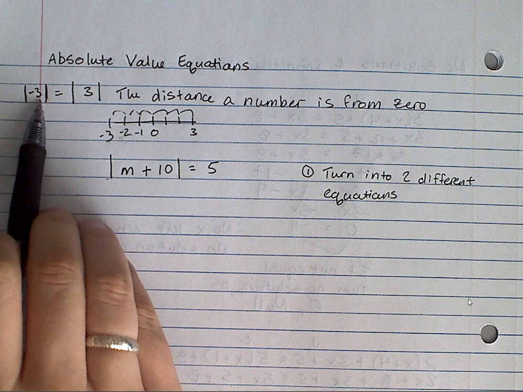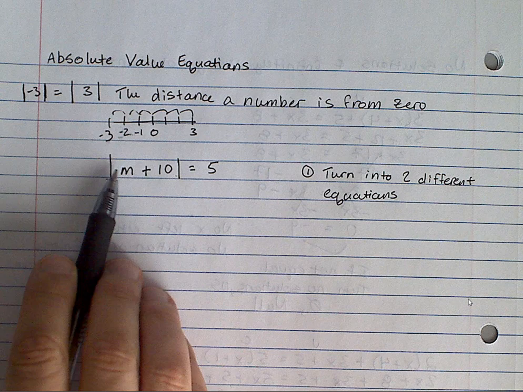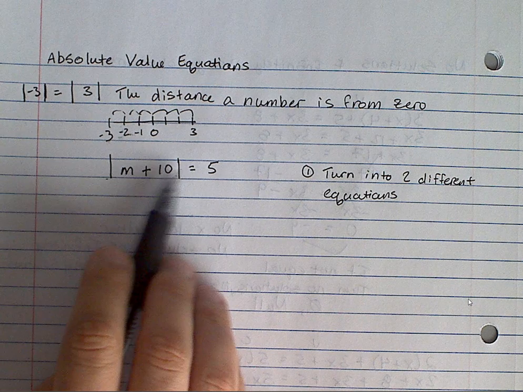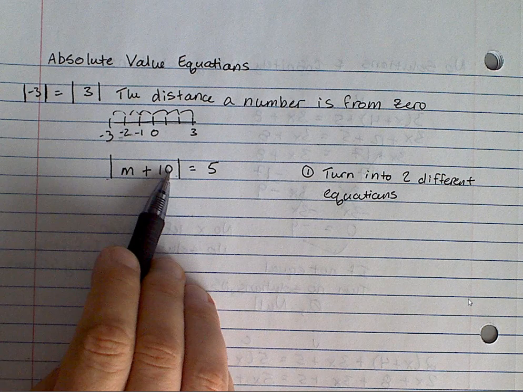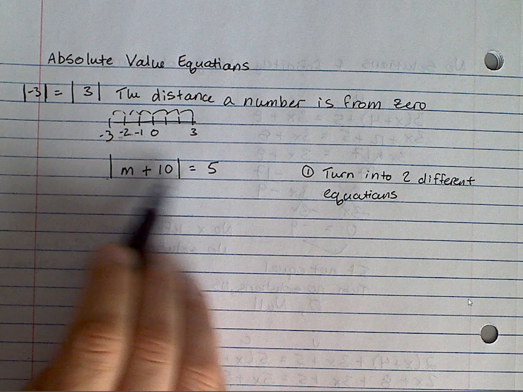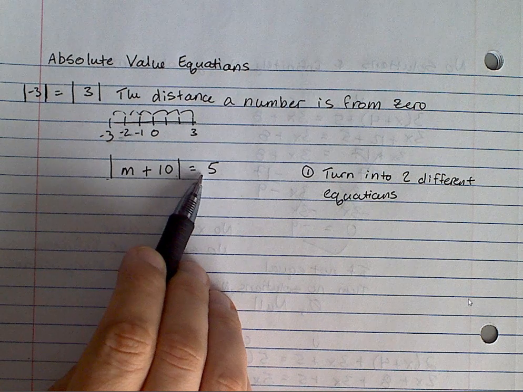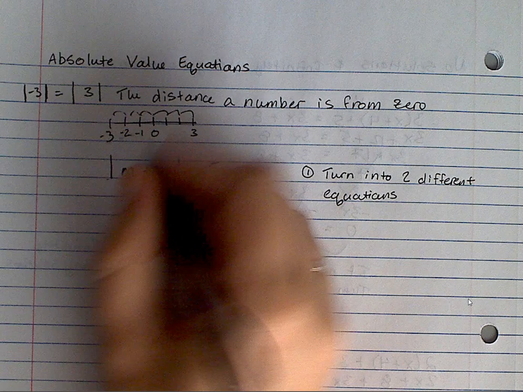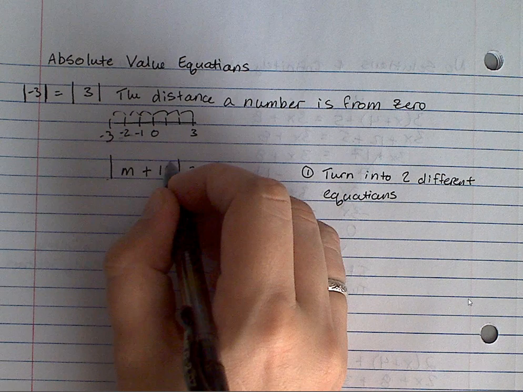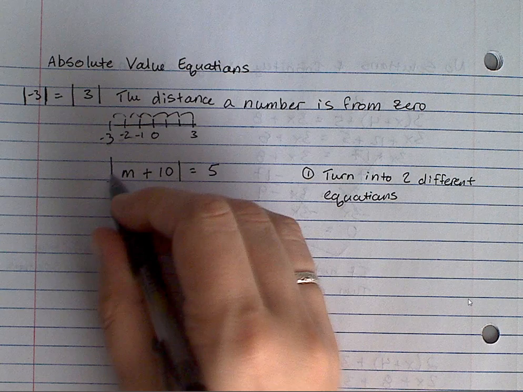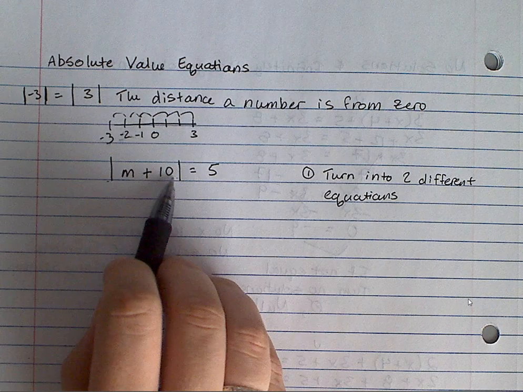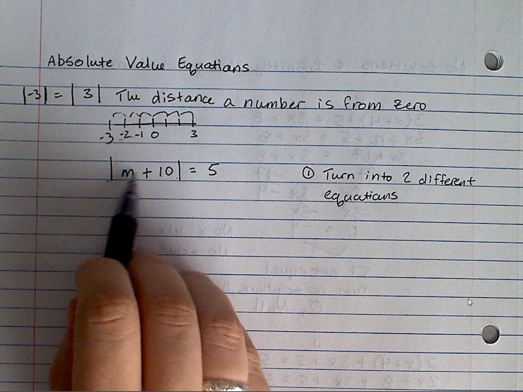Which means that if the absolute value is equal to 5, what's inside here could be 5, and what's inside here could be -5. So this m plus 10 could be equal to 5, and then its absolute value would be 5. Or the m plus 10 could be equal to -5, and when you take the absolute value of it, it would still be 5.